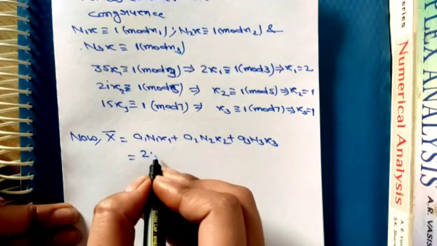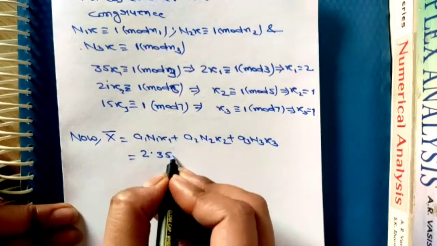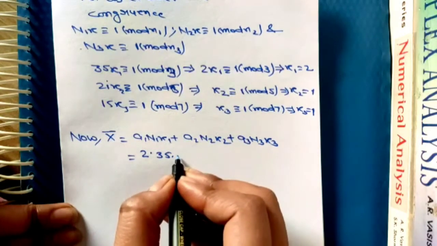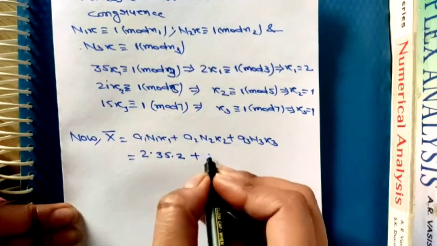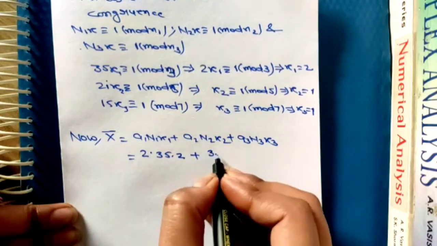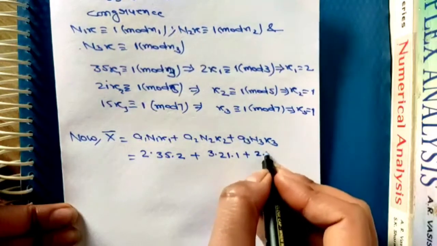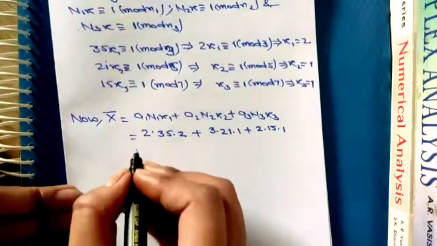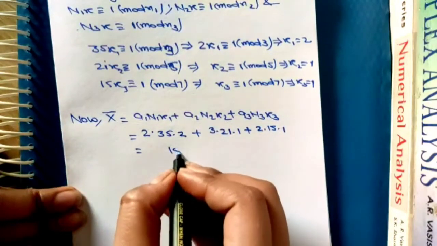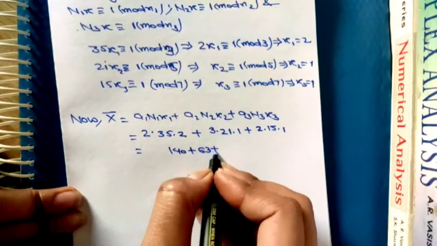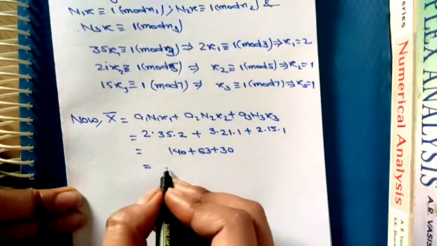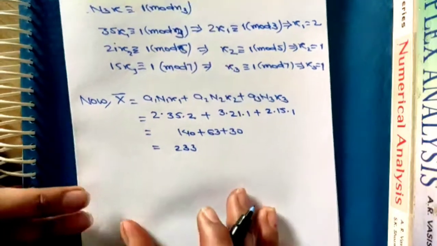That is 2. n1 is 35 and x1 is 2. Likewise we write 3, 21, this is 1. a3 is 2, this is 15, this is 1. Multiply it, 140, 63, this is 30. After addition we get 233.